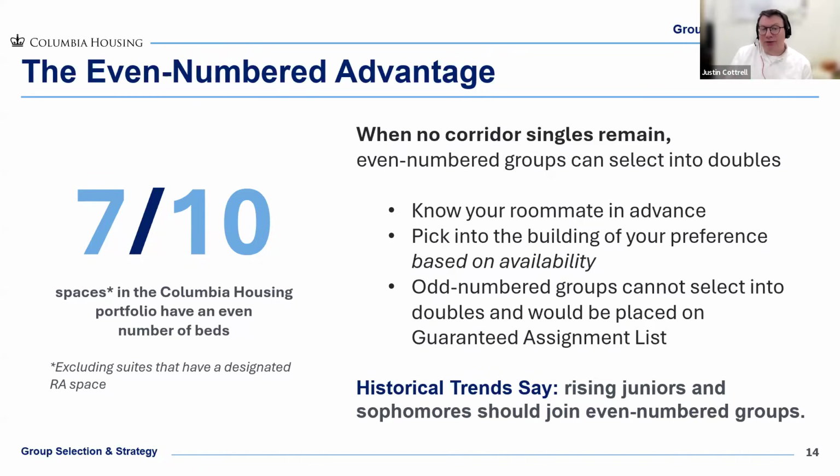Instead, they'd be placed on the guaranteed assignment list and assigned a room over the summer. This is especially important for rising juniors and rising sophomores because there's a very good chance you will end up in a double. Our portfolio is also better suited to even numbered groups: 7 out of 10 spaces in our portfolio have an even number of beds.